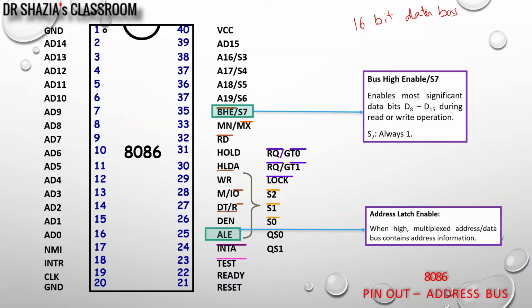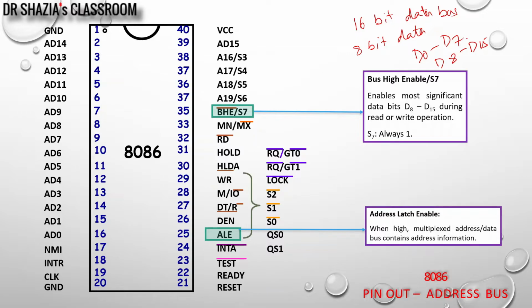Data transfer can take place in three different ways. Either we transfer 8 bits of data over D0 to D7, which is the lower data bus, or over D8 to D15, which is the higher data bus. If I am transferring 8 bits of data over D8 to D15, at that time the BHE bar signal should get activated, or go low.